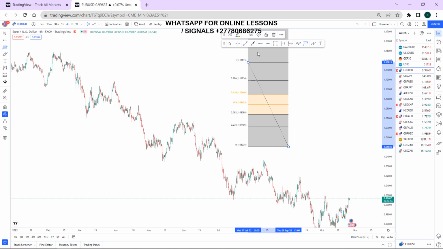And my levels are like this because my area of focus is right here between the 50% level and the 61% level. This is where I am looking for entry opportunities. I will be showing you exactly what I mean when I say this as the video continues. So stick around and let's get into it.